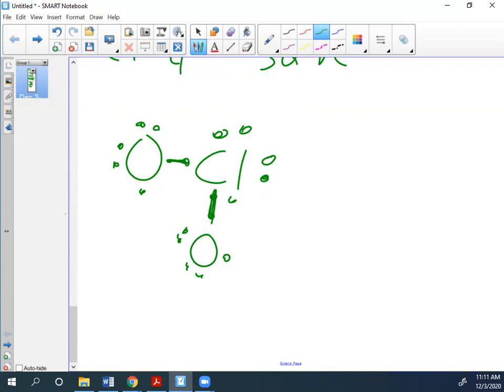Now what? I don't want to put an O and an O. Did I bond these two things together? No. They are not on adjacent atoms. They look like they're together, but keep in mind this is really a 3D thing.